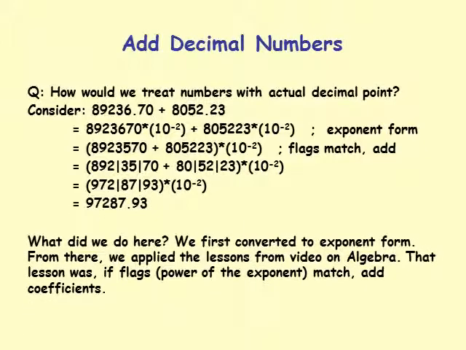That is 9728793 times 10 to the minus 2, like 9728793 divided by 100, and when you divide by 100, the decimal point comes in 2 digits to the left of the rightmost digit.